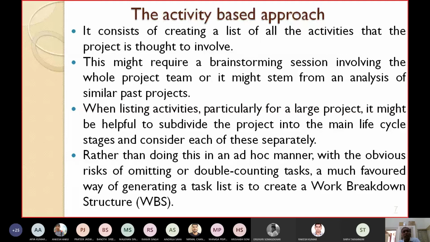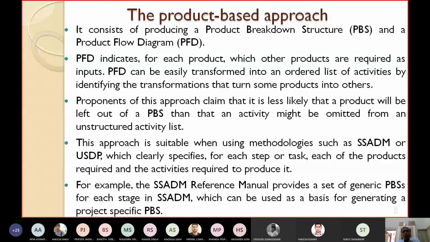Then we will go to the next approach, that is the product-based approach. It's just similar to WBS. It consists of producing a structure called PBS, or product breakdown structure, and a diagram called product flow diagram. This method consists of two important items. One is the PBS, or product breakdown structure, and another is the product flow diagram, or PFD.